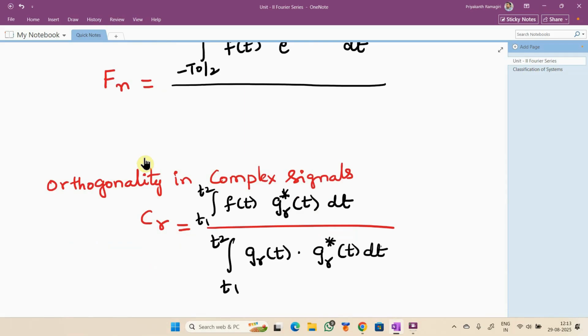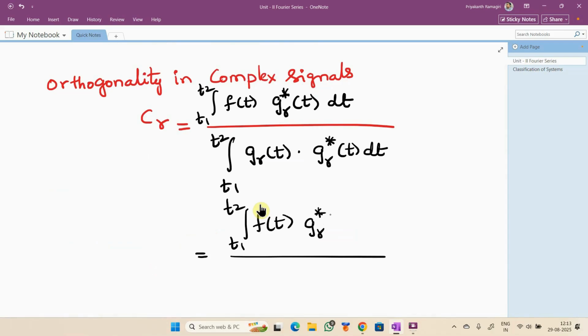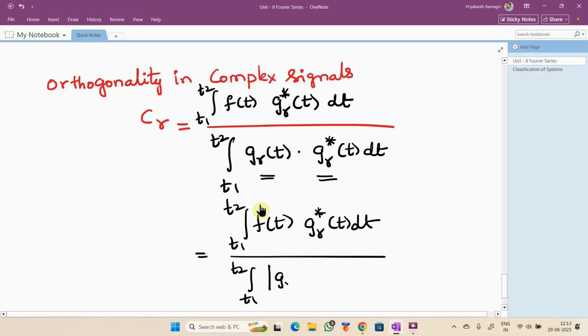Can you find this in your book? Yes, sir. So t1 to t2 f of t gr conjugate, and gr multiplied with its conjugate becomes mod gr of t whole square dt.